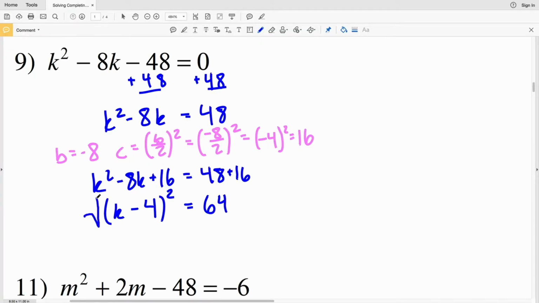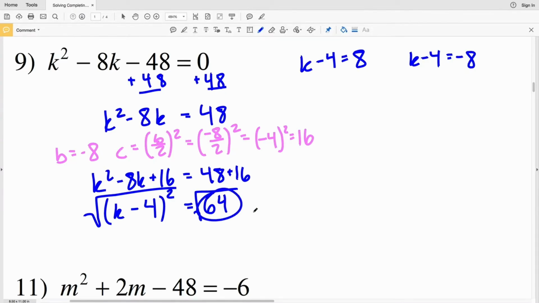So our next step will be to take the square root of both sides. So we'll have k minus 4 equal to the positive square root of 64 or the negative square root of 64. So k minus 4 is going to equal a positive 8 or a negative 8, because negative 8 squared equals positive 64 and 8 squared equals positive 64.